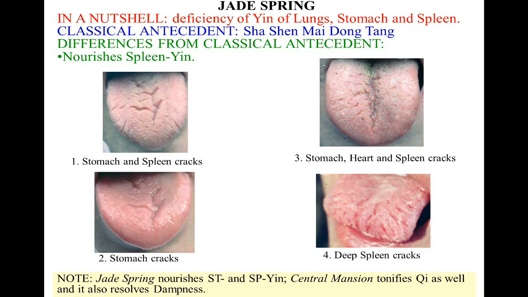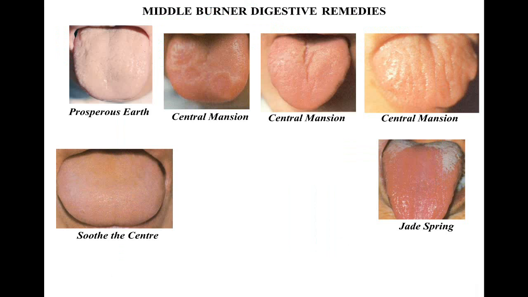And I'll show you in a moment other slides that compare remedies. So these slides here correlate various tongues to these remedies. Notice this, for example, Prosperous Earth. We've got 3 for Central Mention, and one for Jade Spring.